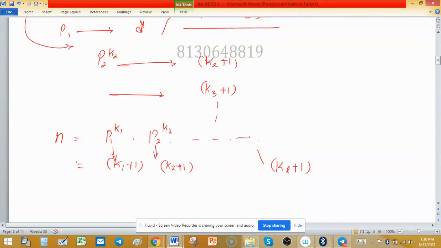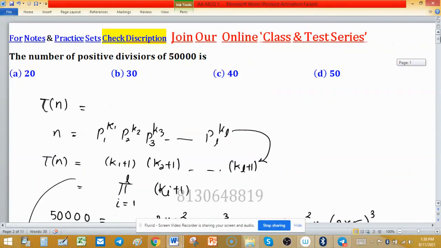So these are the divisors, the total divisors.